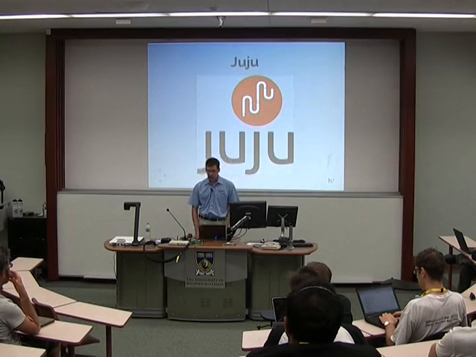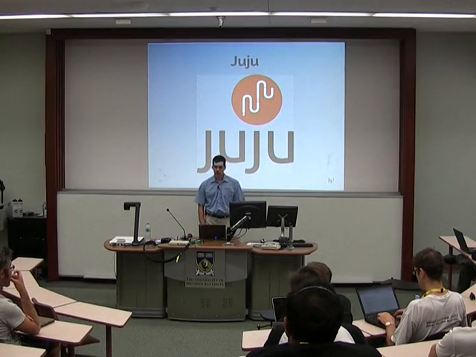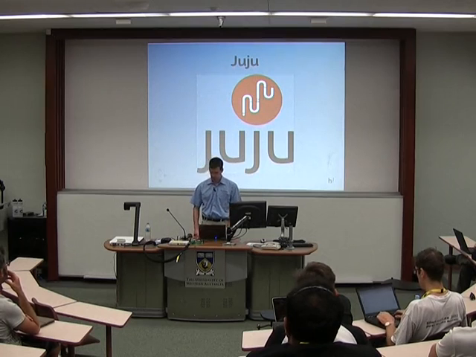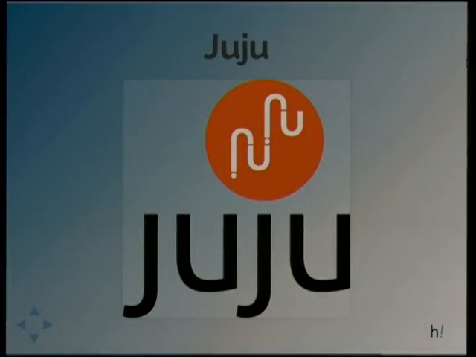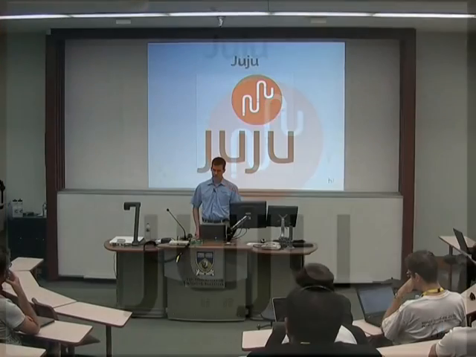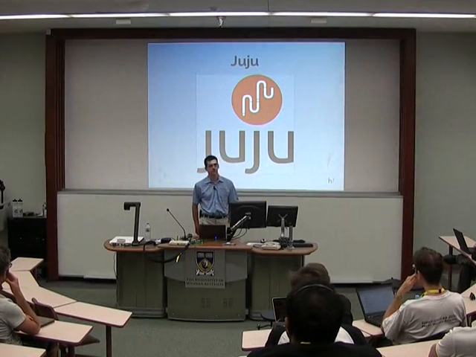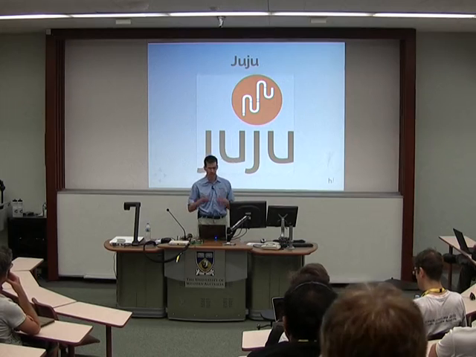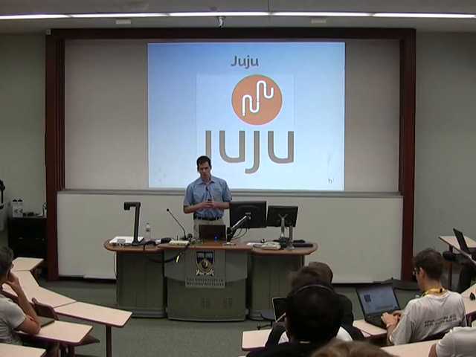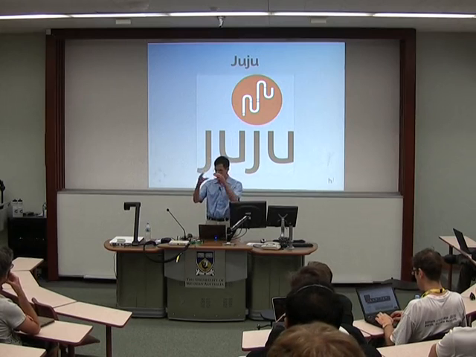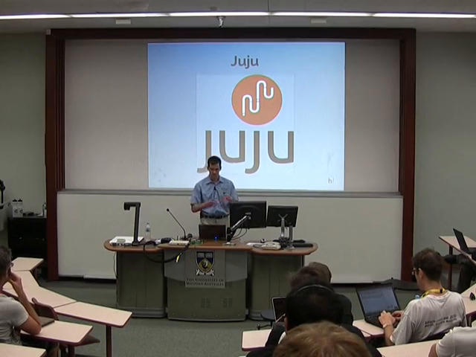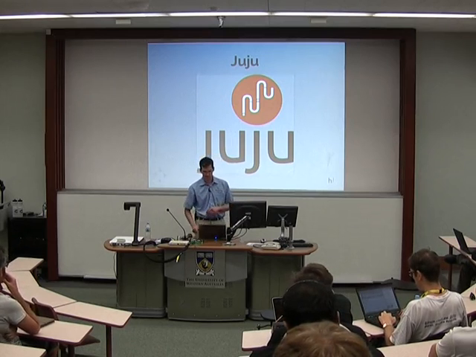Then there's Juju. Juju comes out of Canonical. Juju, I think, is a very, very interesting project. What Juju attempts to do is what the Canonical folks call DevOps distilled. You can crowdsource what they call Juju charms, which are essentially little deployment Lego bricks, building blocks.